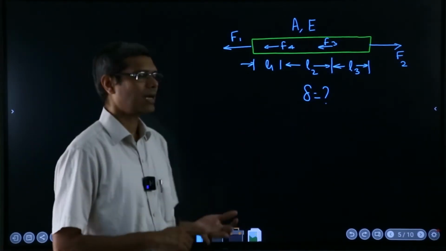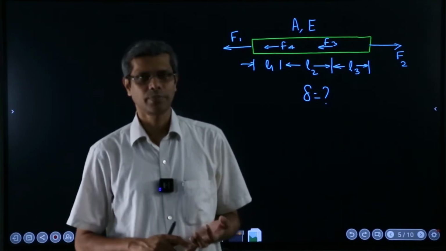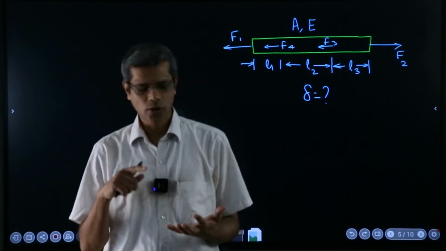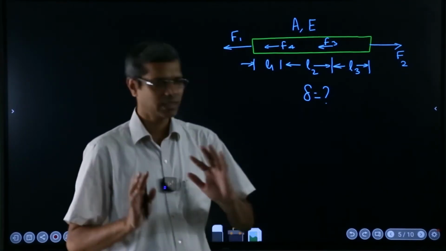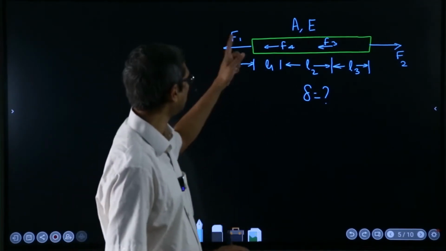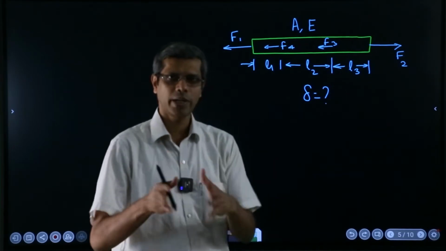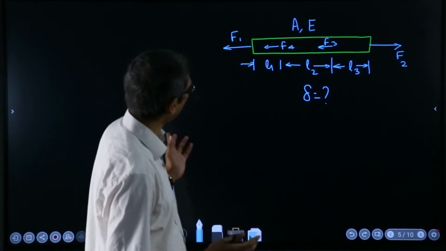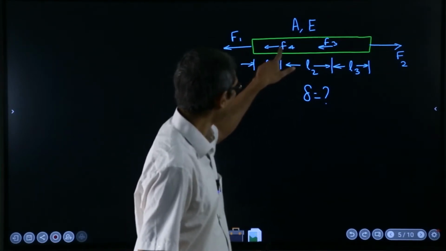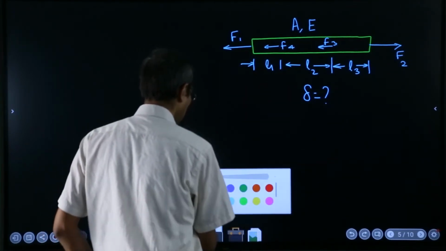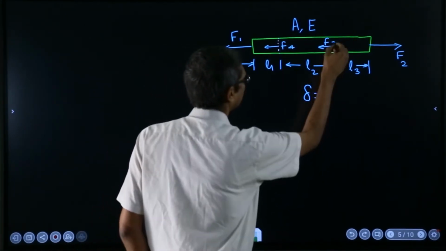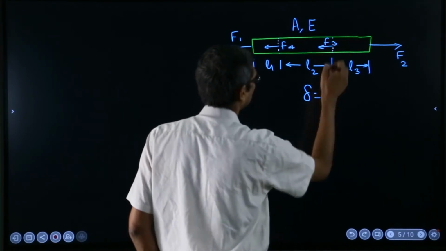So the strategy is, whenever you see a discontinuity either in the force or area or material, and in this case we are just discussing the force, you break that into pieces. Here, how many discontinuities of force are there? As soon as we come to this location, we are seeing a concentrated force getting acted. Similarly, here as soon as we reach here, we are seeing this.